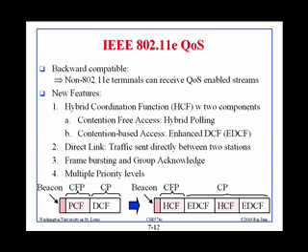And so it is called hybrid. Actually there are 2 parts. PCF has become HCF, which is the hybrid coordination function, and DCF has become EDCF, which is the enhanced DCF.